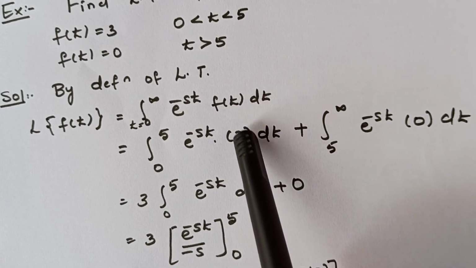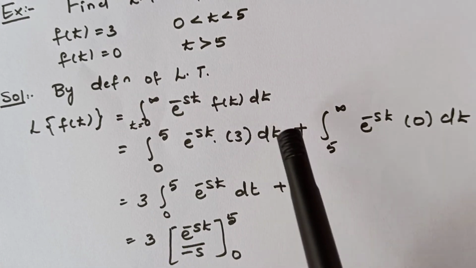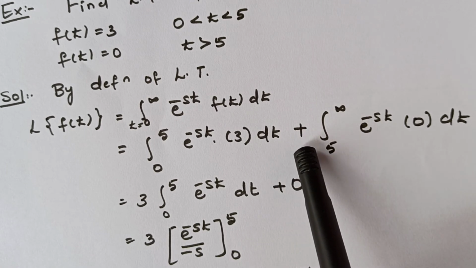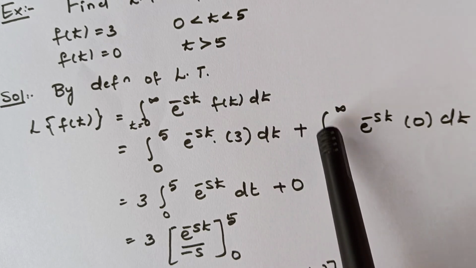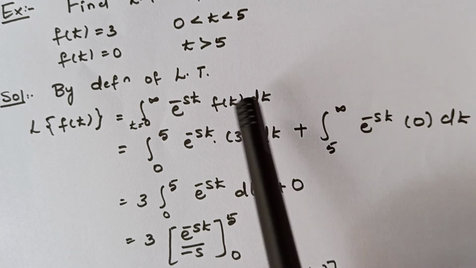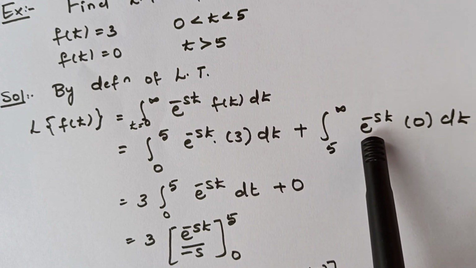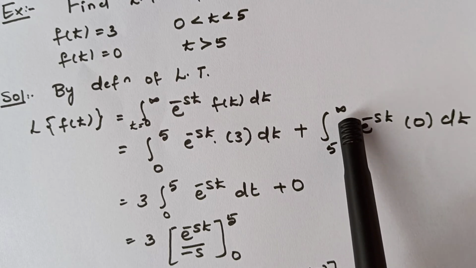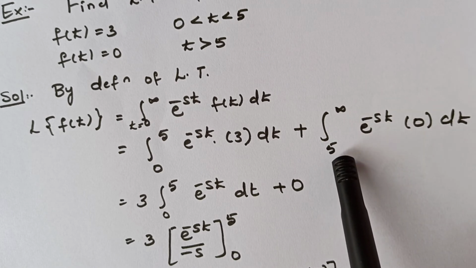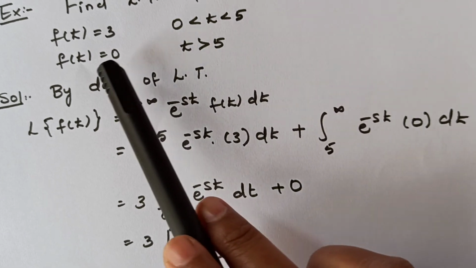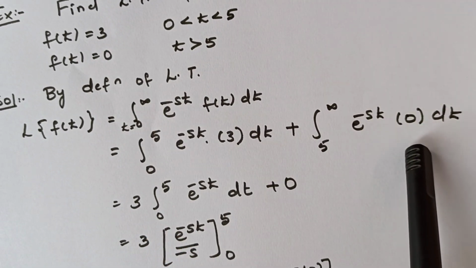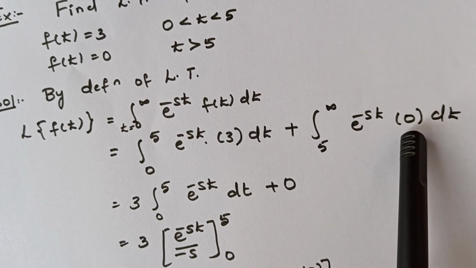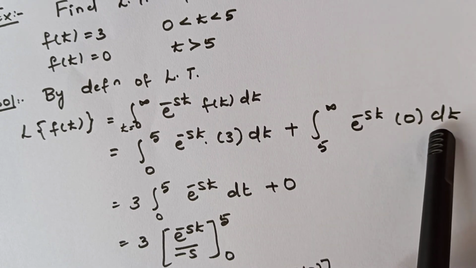Plus the other interval, greater than 5, in the sense 5 to infinity. e power of minus st will be as it is, and in this interval, when t varies from 5 to infinity, f of t must be replaced by 0, into dt. So this is what I have done here.